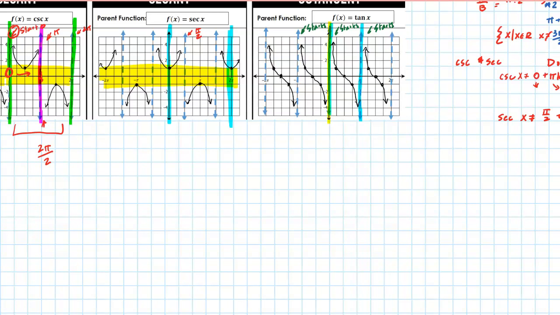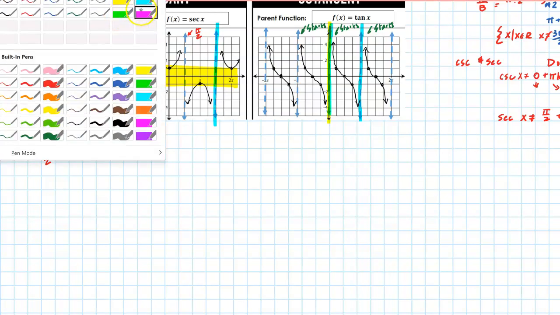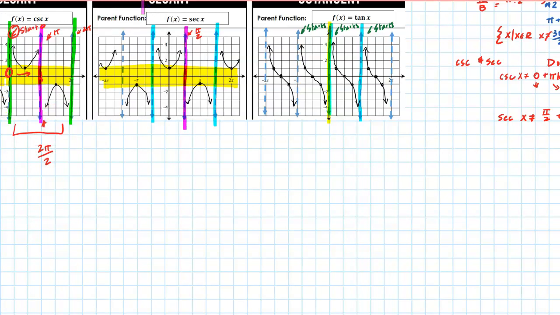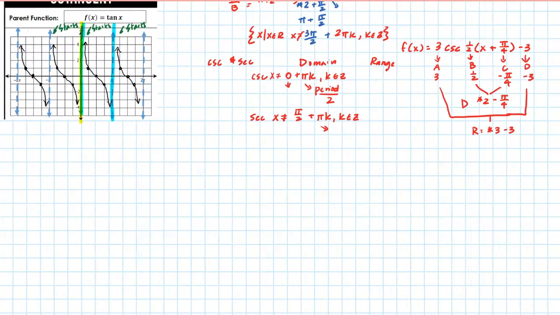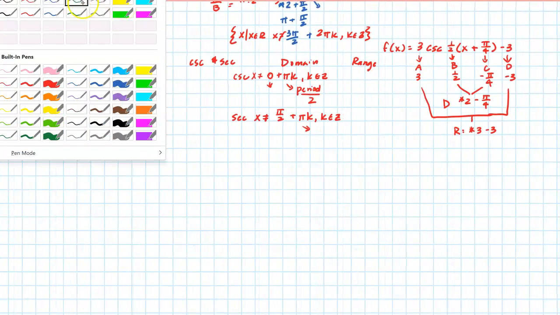Or we can say, not necessarily there and there, but as long as you have two of the same outputs. So I can say from here to here are my periods between the two asymptotes, but there is an asymptote smack dab in the middle. So you have to take your period and divide it by 2.